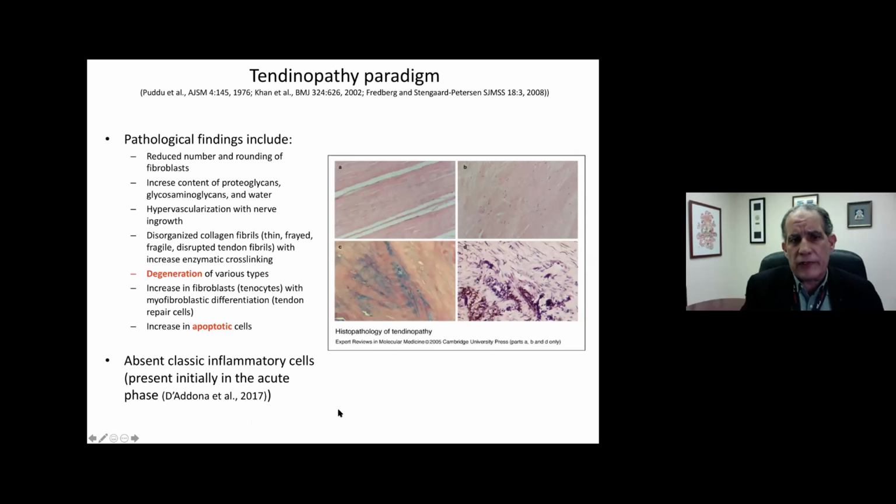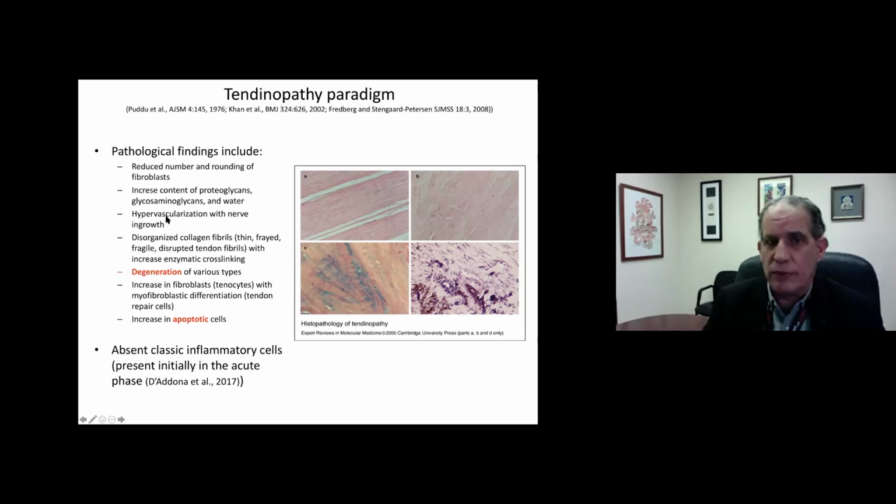Now, there is, as I said before, a paradigm that I don't think we understand that well. There's a number of pathological changes that are listed here. Reduced number of fibroblasts. There is an increased content of proteoglycans and water. New blood vessel growth. And this is important for the use of ultrasound, as we will show and discuss.